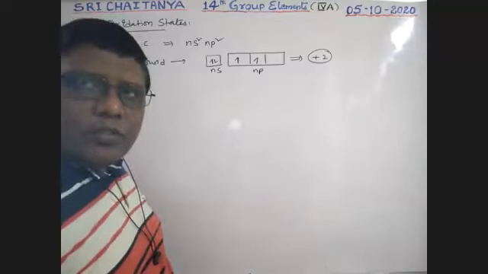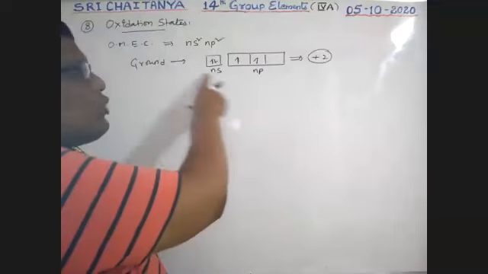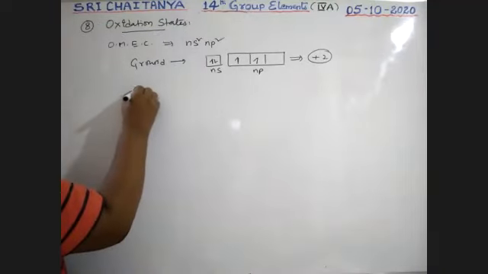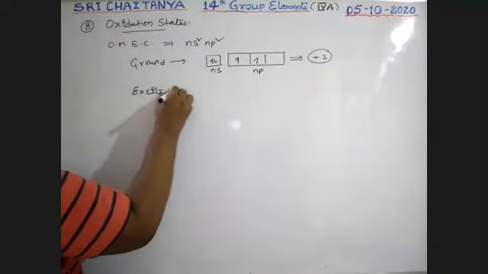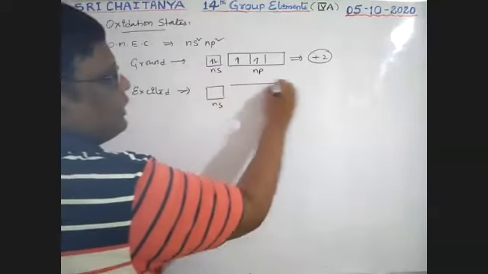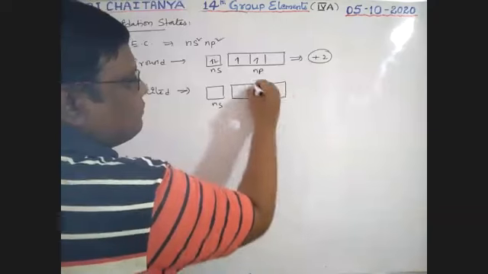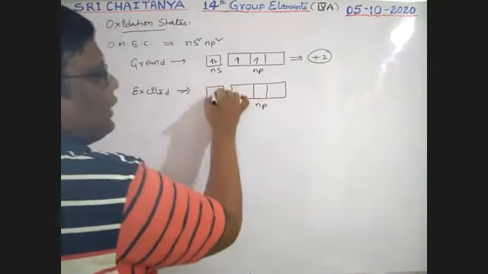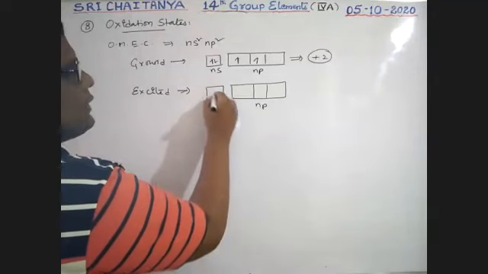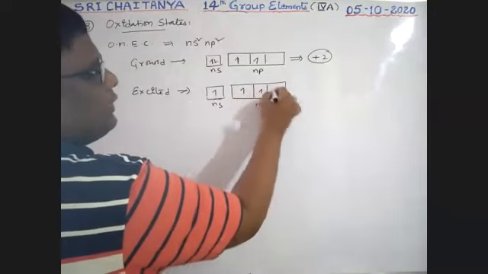If this s electron becomes unpaired, that is excited, see here, the excited configuration: ns orbital and np orbital. This electron jumped from here to there, so it is ns1 np3.